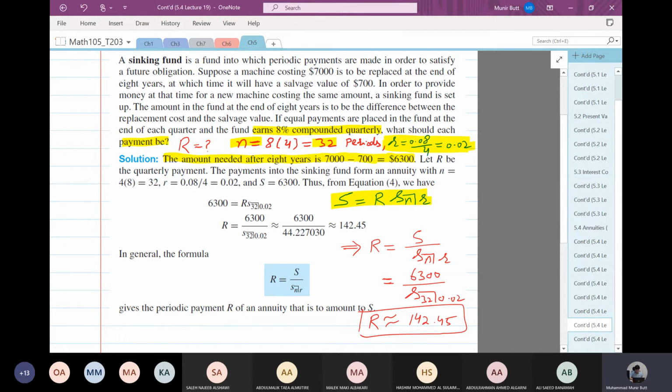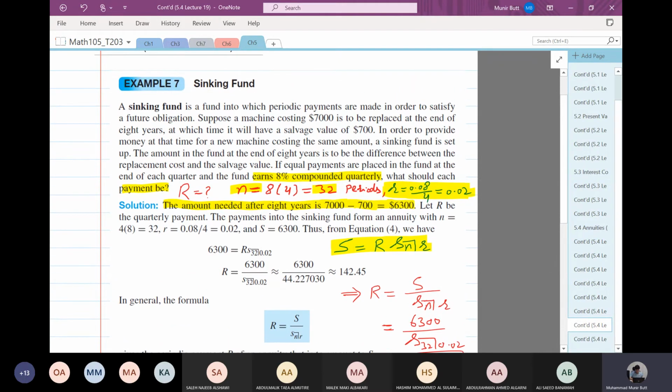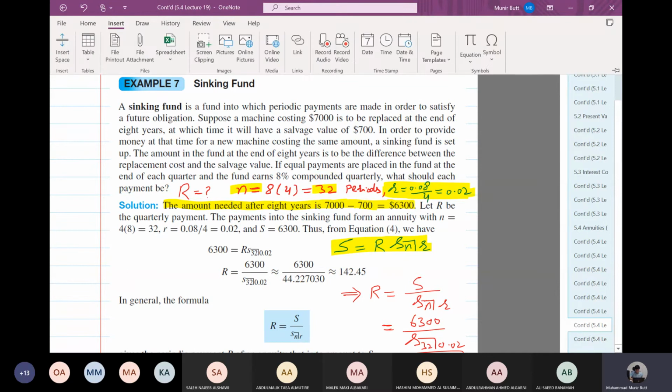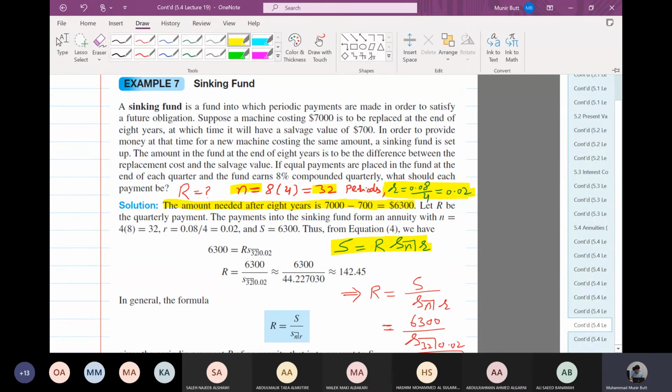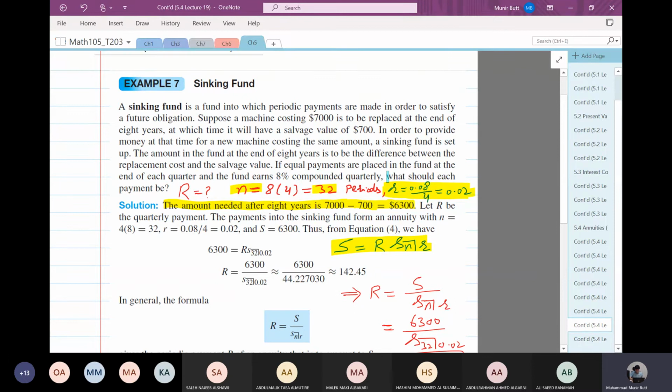Okay, any question? I think everything is very much clear now. I'm just trying to highlight the important things. What should each payment be?